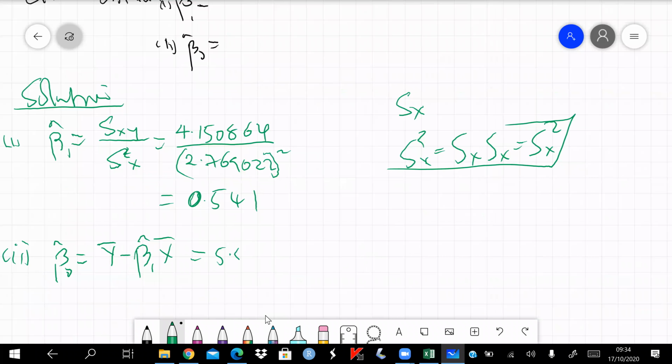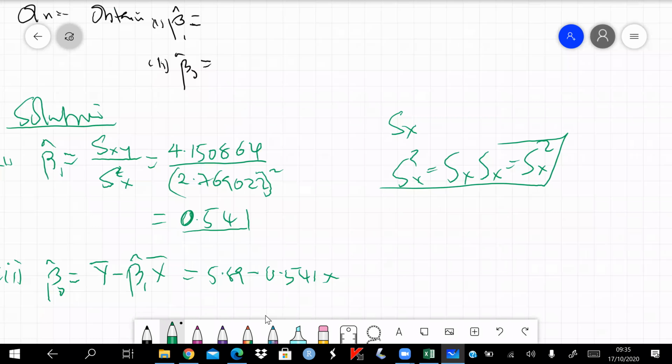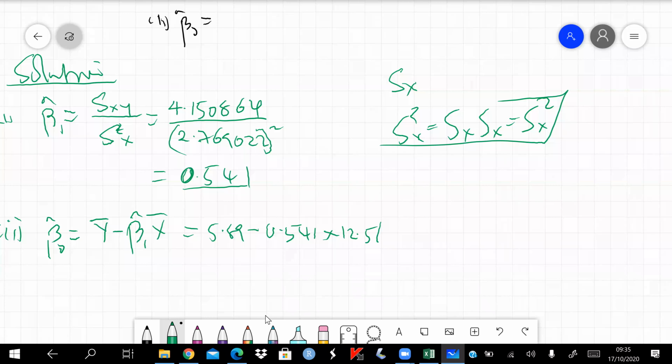Then we already have the estimate of beta 1, 0.541, multiplied by X bar, which in this case is 12.5686. So use the real values. Don't round off too early so that you get the correct answer. When you do that correctly, what value do you get?